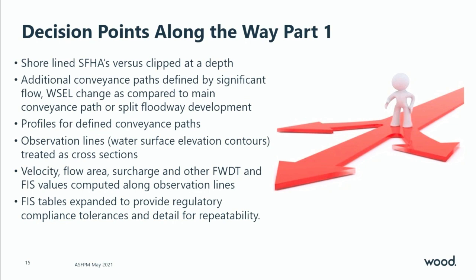As we've talked about the Dennis the Menace water in our 2D models flowing every which way, taking shortcuts from point A to point B, whether it's in a rural setting or an urban setting, we see a lot of additional conveyance paths from one point to another that we would never have recognized in the 1D world. Many times these conveyance paths end up providing a split floodway.